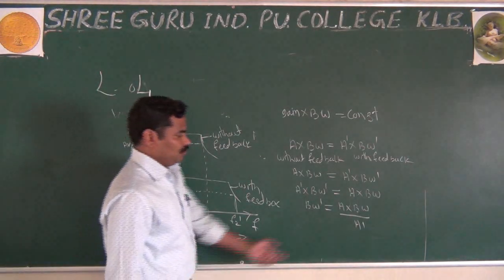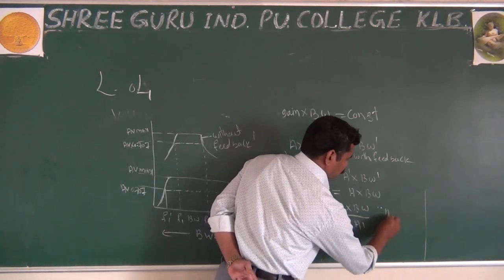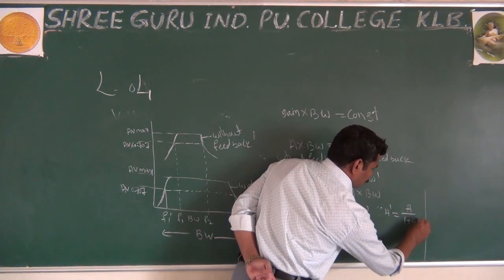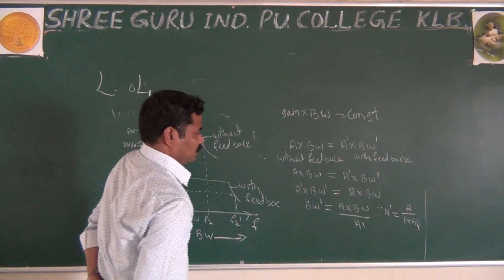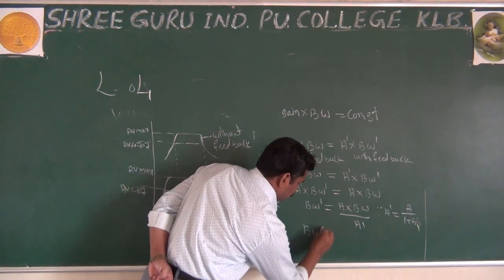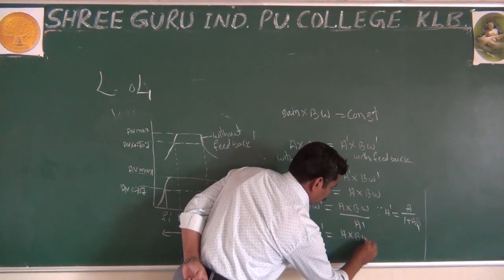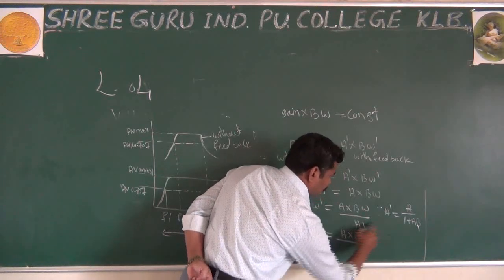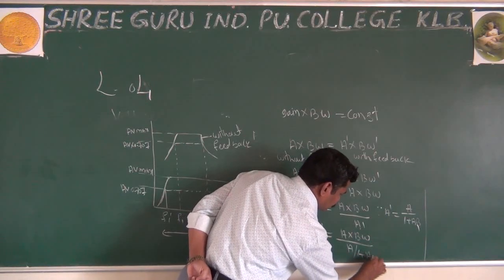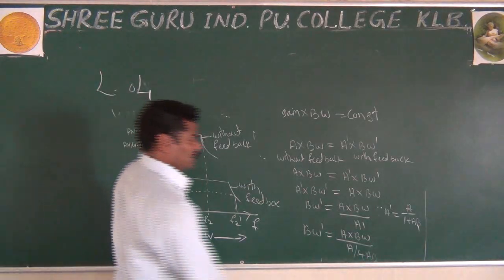As we know, A dash equals A divided by 1 plus A beta, the voltage gain formula for the amplifier. Use that formula here. The bandwidth dash equals A times bandwidth divided by A divided by 1 plus A beta. If it is not clear, I will write it once again below.